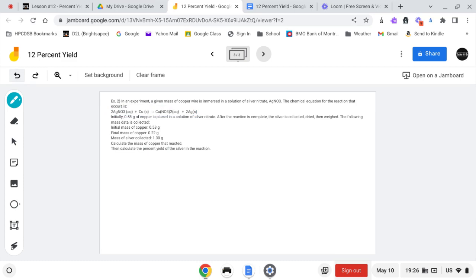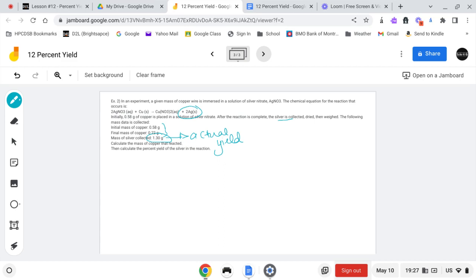After the reaction is complete, the silver is collected, dried, and then weighed, and the following mass data is collected. So they give us an initial and a final mass of copper. They also tell us the mass of silver collected. So silver is our product, and this right here is the actual yield. I can tell because they are telling me a mass of a product that was obtained.